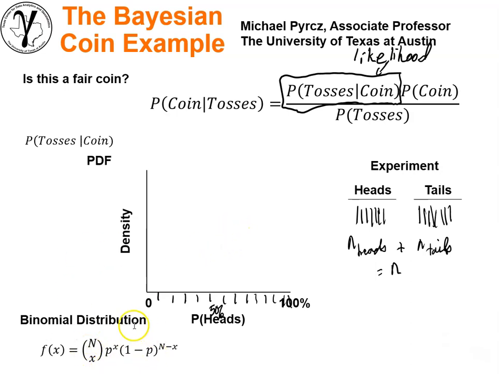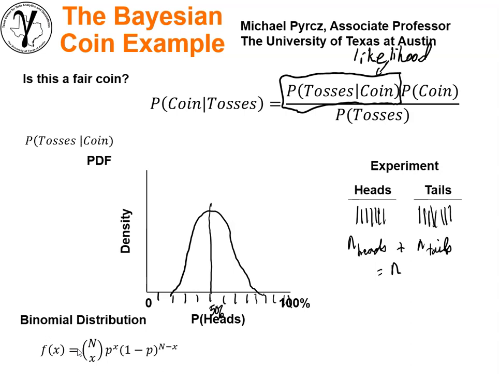All right, so we get the binomial representation here, so we can just plug and chug. All we have to do is supply the number of heads as X, the number of successes. The number of heads plus number of tails is going to be the big N. And so we're able to calculate. What we'll find is if we had an experiment that was 50-50, heads and tails, we'll have a distribution that's nicely shaped, and it'll come back down, and the mode will be right at the 50%.